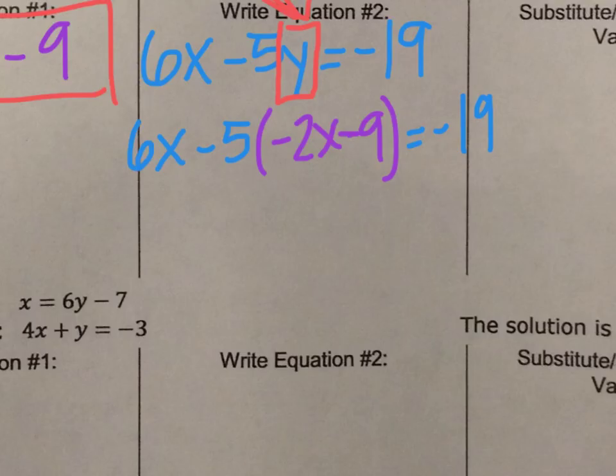By doing this, we no longer have two variables in the equation, we only have an x variable. That means I can simplify this equation and solve for a value for x.